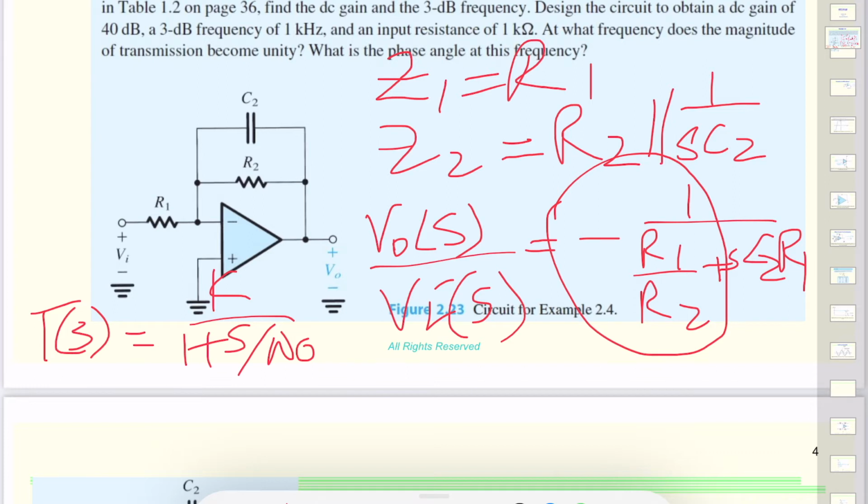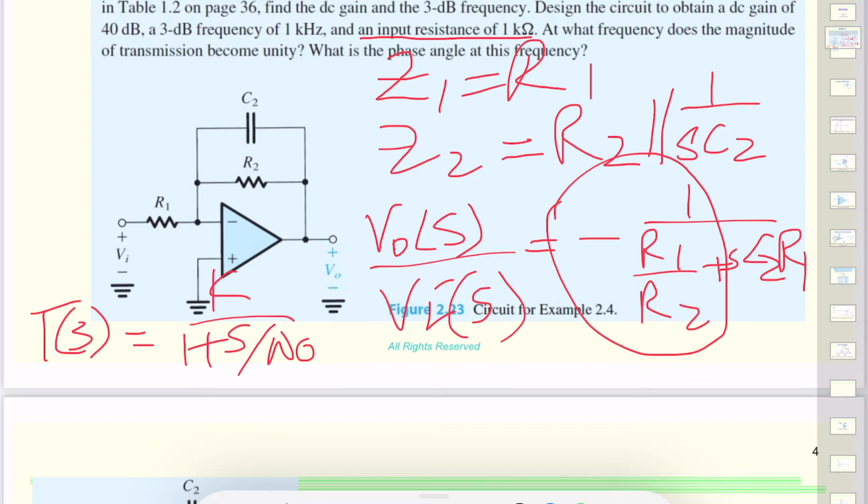So if I were to apply this to find the DC gain of 40 dB like this example asks, 40 dB translates to 100 volt per volt, and it's asking us to use an input resistance of 1 kilo ohm, so we'll have to use 100 kilo ohm for R2.